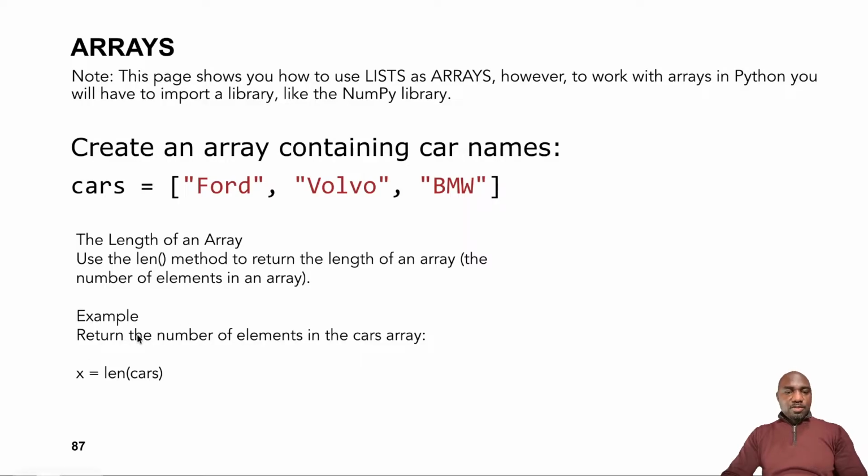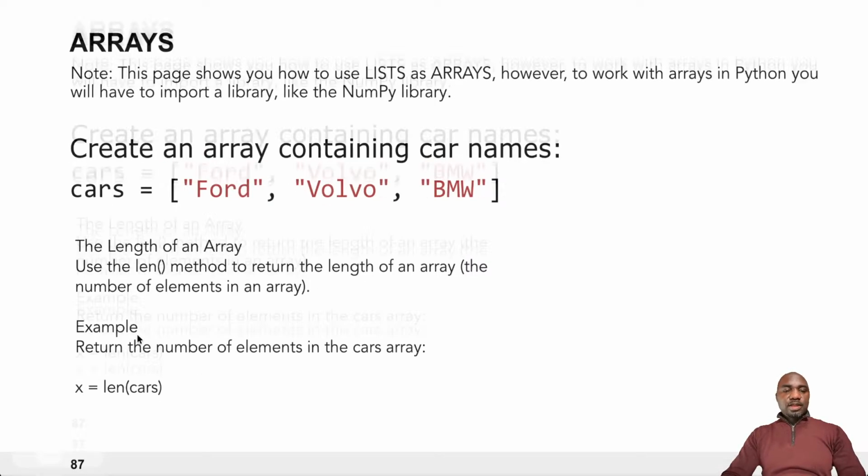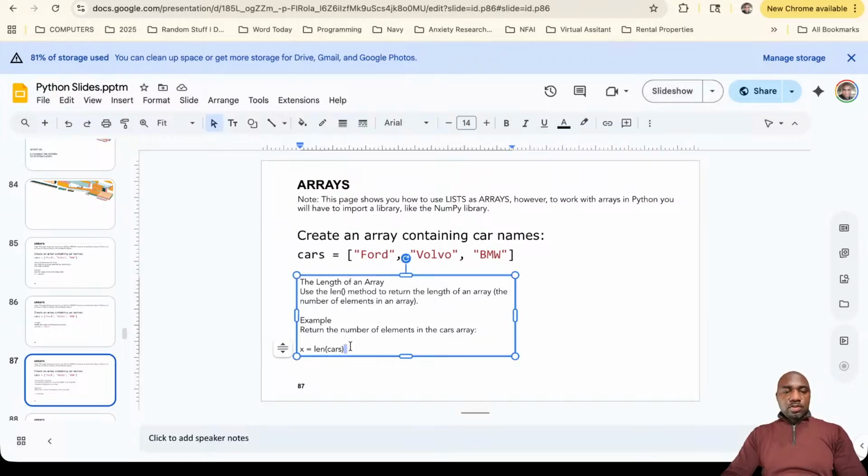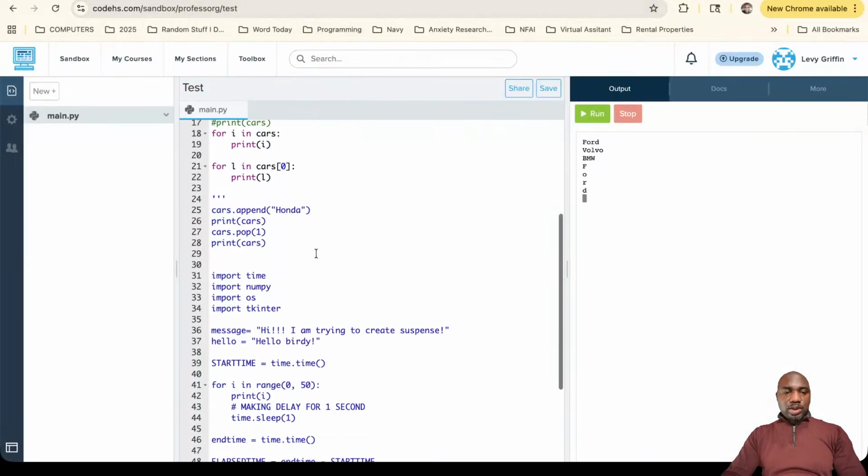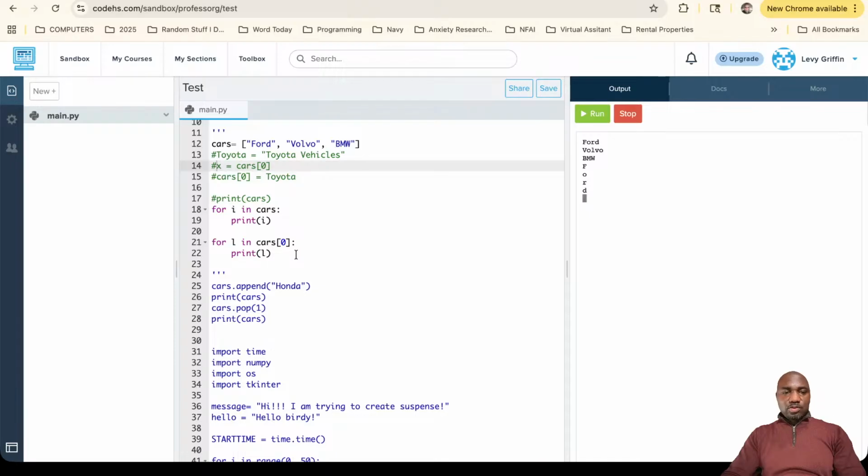All right, length. So now we've got to get our length. X equals length of cars. So we'll do Y, because we've used X a whole lot, right?